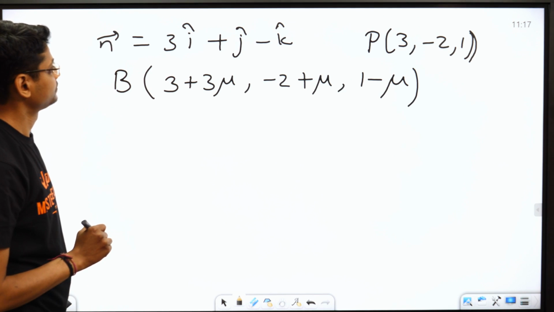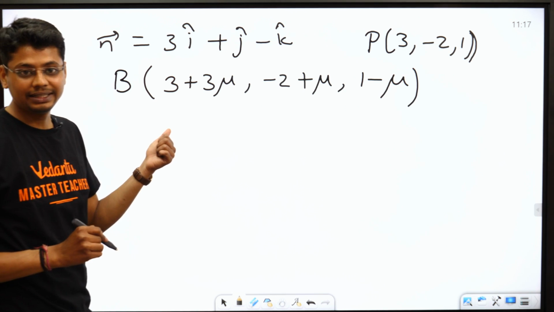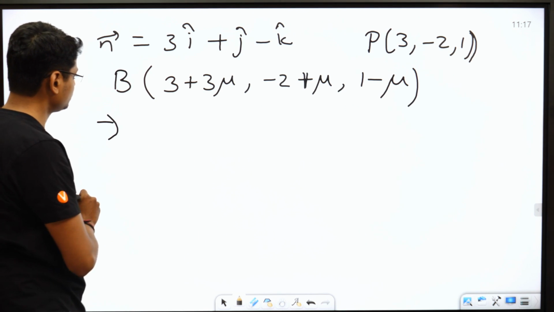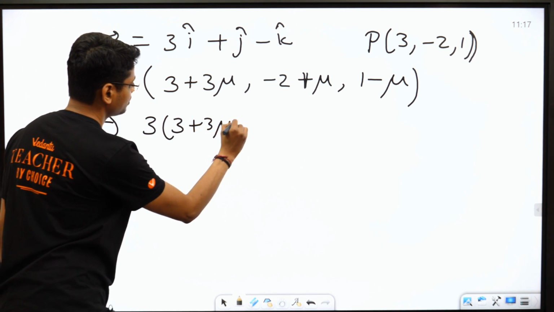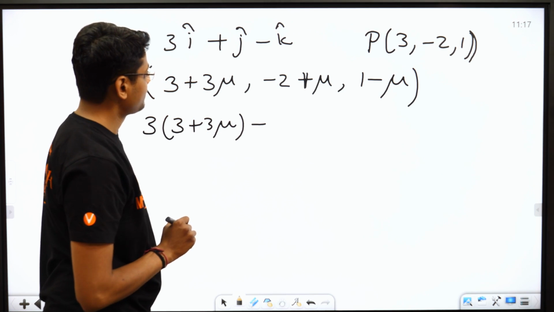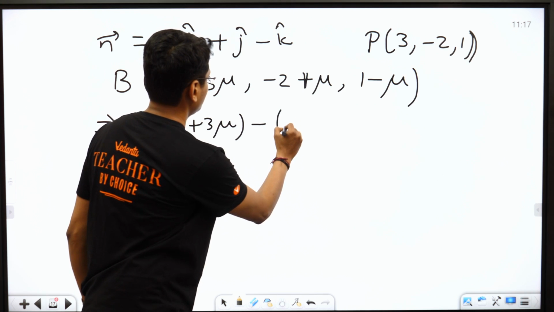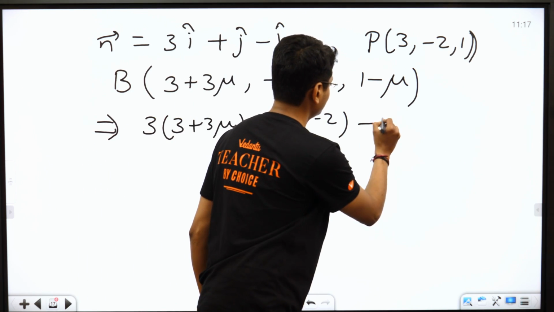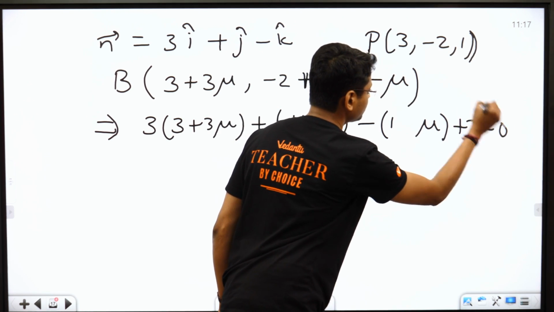All right, so this point lies on the plane, so it should satisfy the plane's equation. So basically it would be 3 times (3 + 3mu) plus (mu - 2) minus (1 - mu) plus 2 equal to 0.